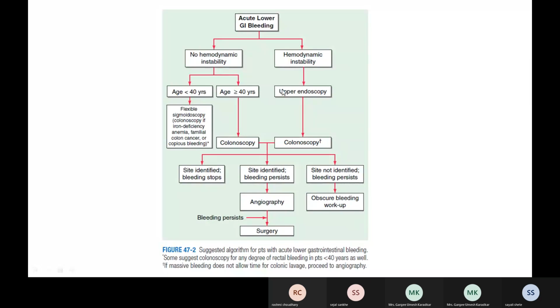The Sengstaken-Blakemore tube may be used. Nowadays it is not so much used, but they will go for endoscopic correction. Then band ligation if varices are present. Then propranolol or nadolol is given in doses sufficient to cause beta blockade. It will reduce recurrent or initial variceal bleeding.